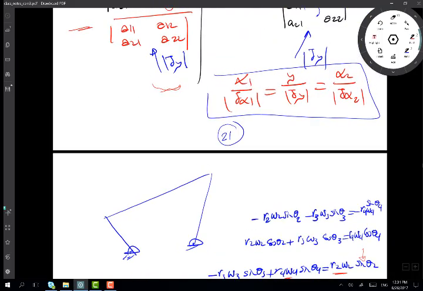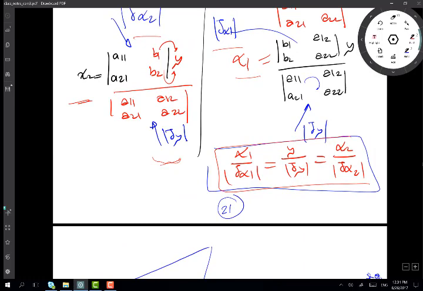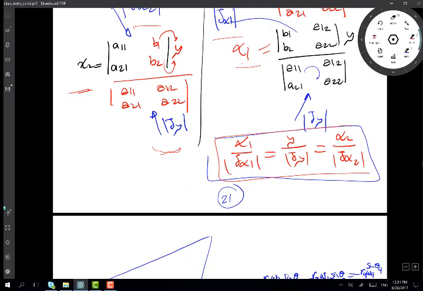If I go back to this expression here, I want to repeat the same expression. This was x1, I put underneath j x1.